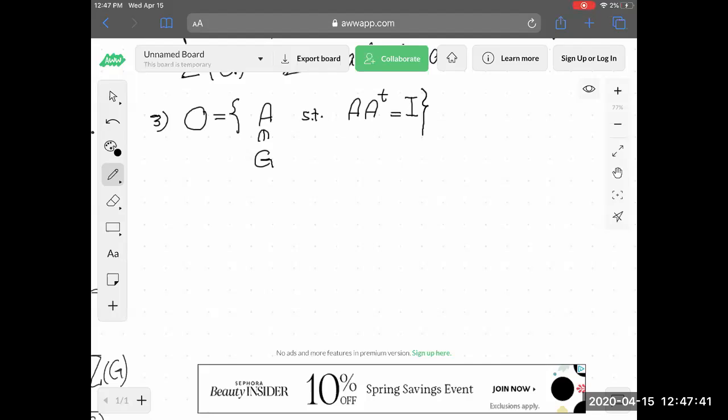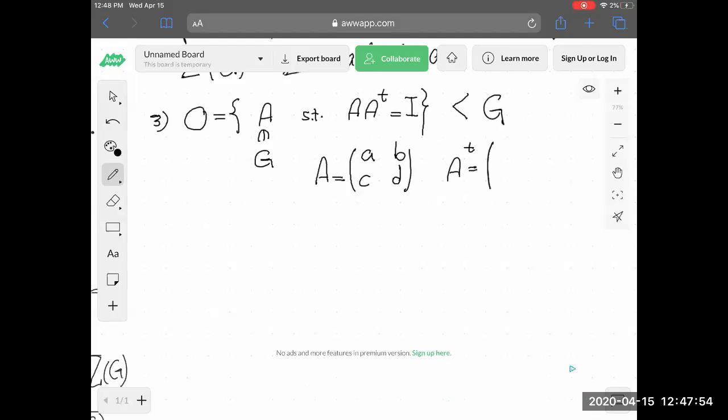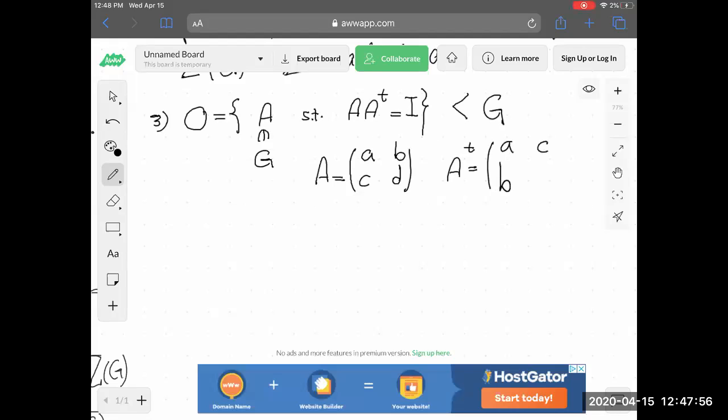We want to show this is a subgroup of G. Remember that if A is the matrix A, B, C, D, then A transpose is A, C, B, D. So the first row becomes the first column, and the second row becomes the second column.